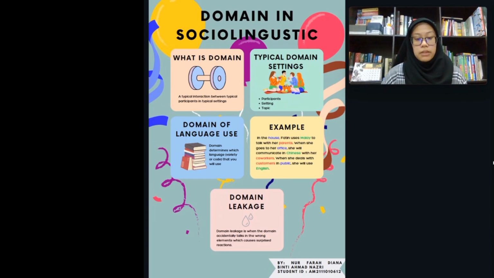The Ustad or Ustazah has also accidentally crossed their domain, and it is basically the wrong element, because Ustad and Ustazah are not supposed to use that word when talking to other people. They want to make people become better. They want to use good words, and that is domain leakage.